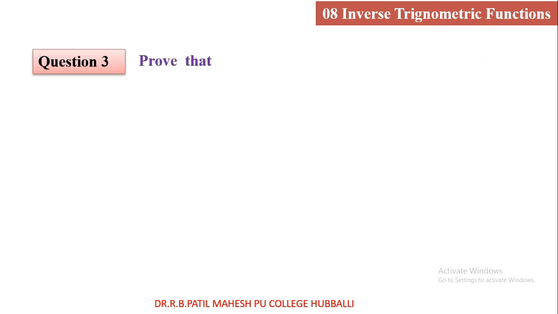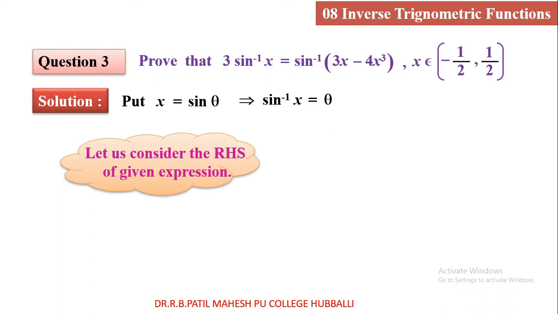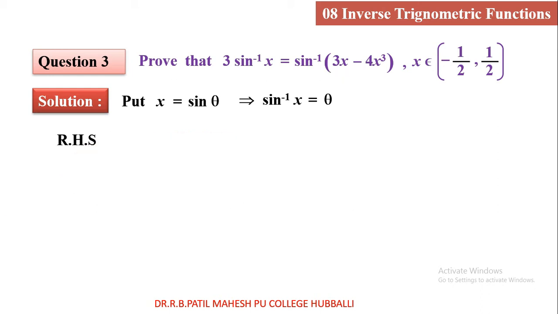Prove that 3 sin inverse x equal to sin inverse of 3x minus 4x cube, x belongs to minus 1 by 2 comma 1 by 2. Dear students, for this put x equal to sin theta and sin inverse x is equal to theta. Let us consider RHS. This time we will consider RHS. So what is the RHS part of this expression that we will take now? That is sin inverse of 3x minus 4x cube.